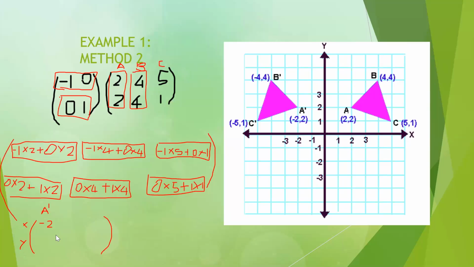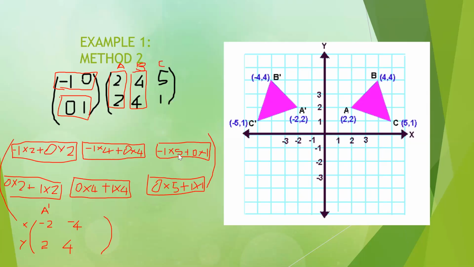All right, so this one here, the bottom would be what? 2? Yeah, because 0 plus 1 times 2 is 2. That one is -4 plus 0. So that's -4. The bottom here is 0 times 4, that's 0, plus 1 times 4, that's 4.